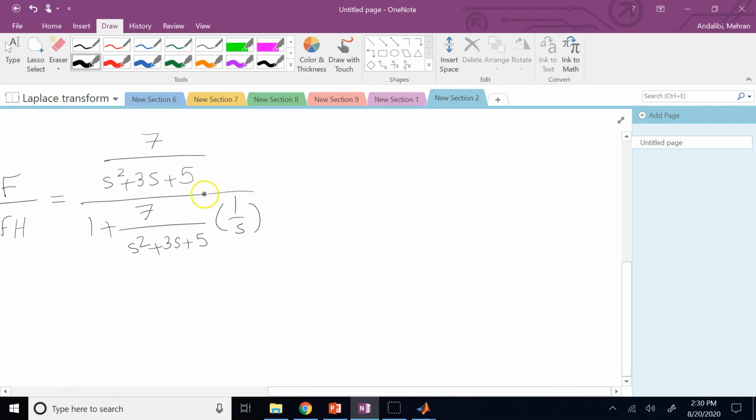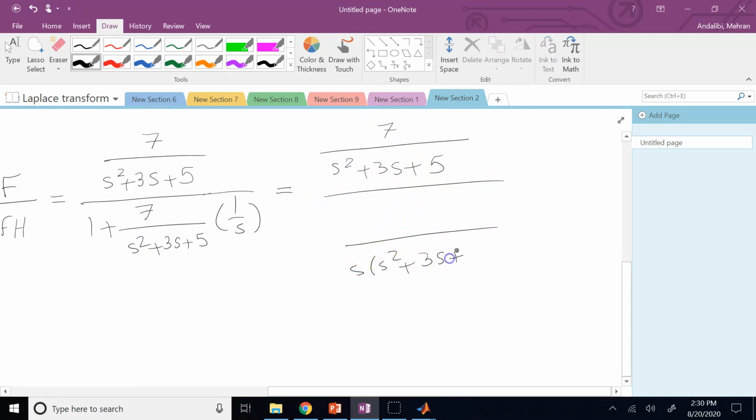And again, you take a common denominator. So in the denominator, you have both of these terms multiplied. And here you have s squared plus 3s plus 5, plus 7 times s, of course.